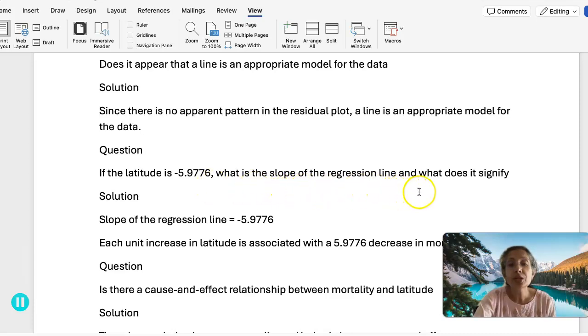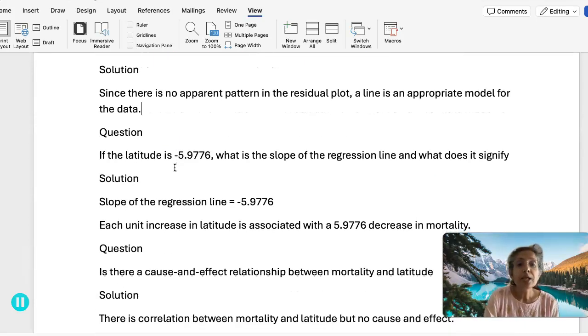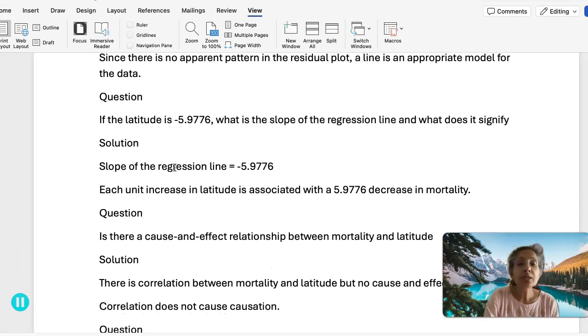The slope of the regression line is minus 5.9776, and it means that each unit increase in latitude is associated with a 5.9776 decrease in mortality. Decrease because it is negative.